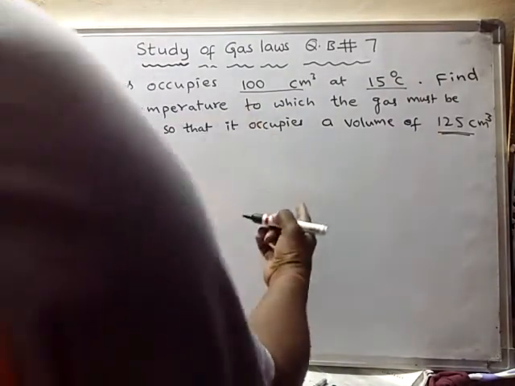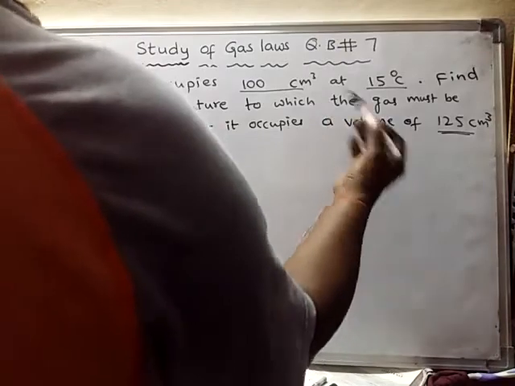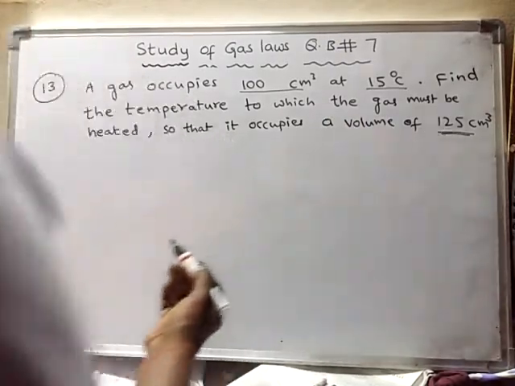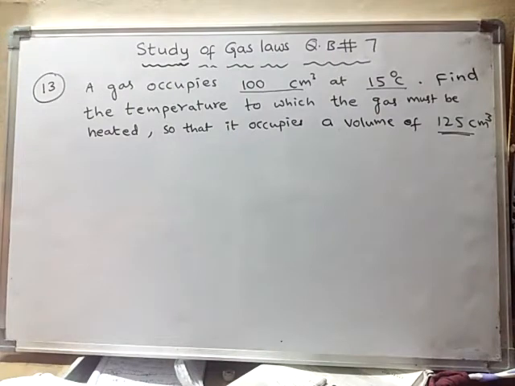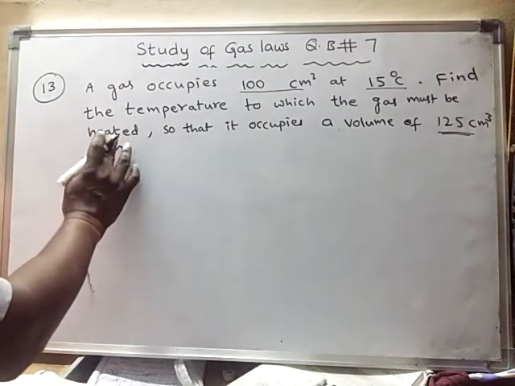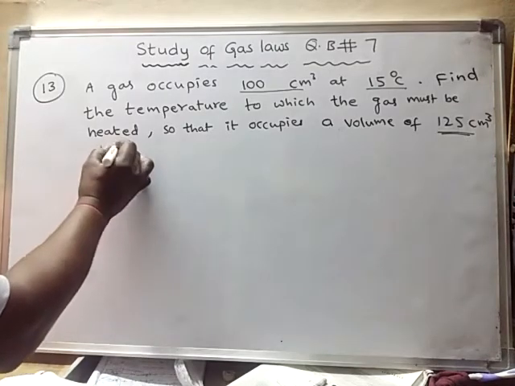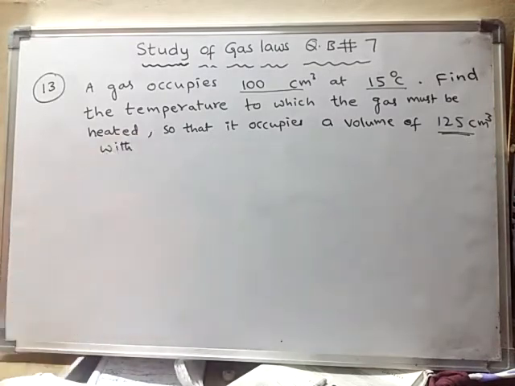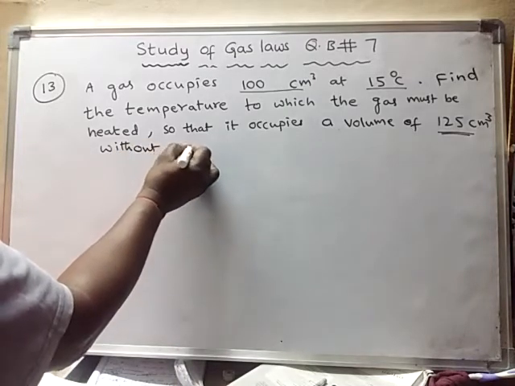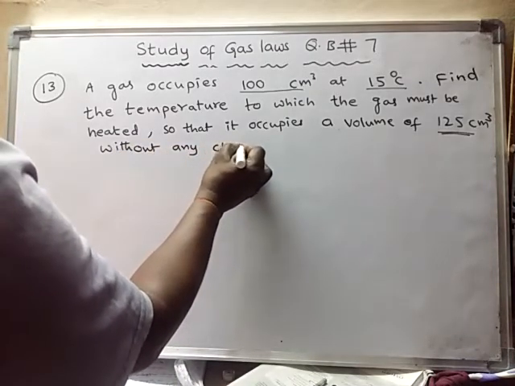To what temperature should the gas be heated so that its final volume becomes 125 centimeter cube without any change in pressure?